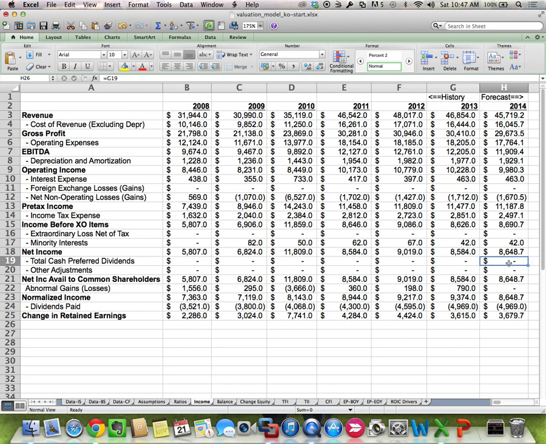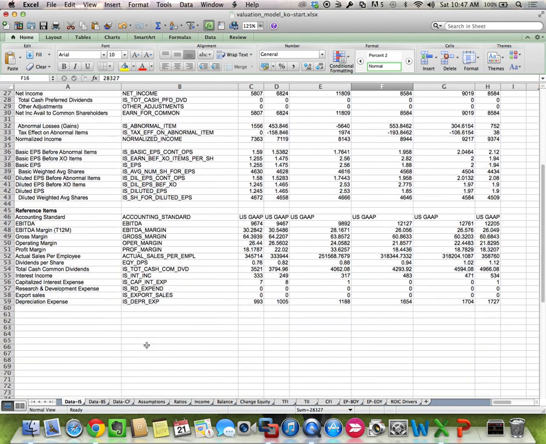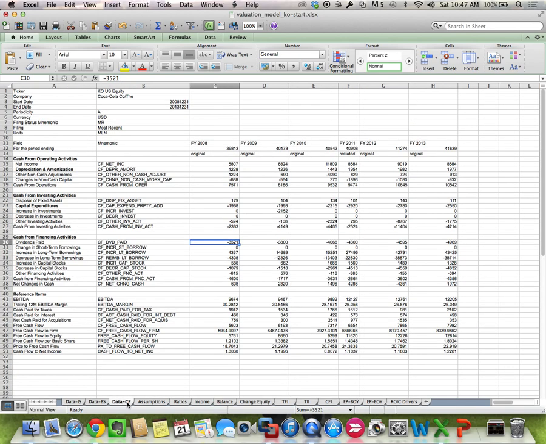As a matter of fact, I think if I remember correctly, cash preferred dividends, which is G19, is coming from the IS, the income statement. We're using the cash preferred dividends, and I'm actually getting from the cash flow statement the cash common dividends.